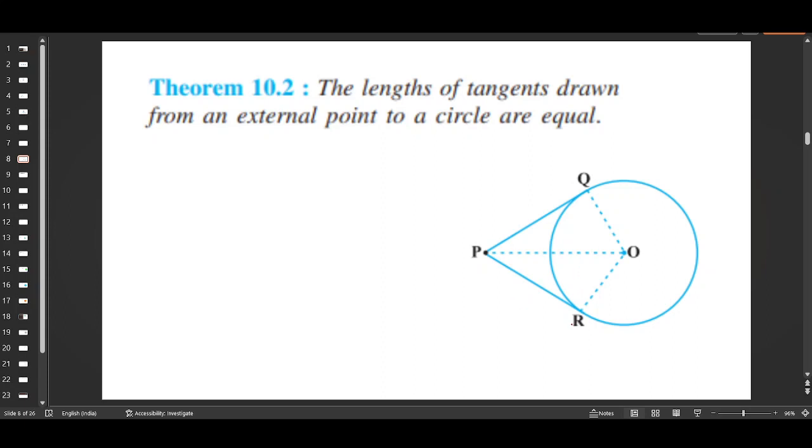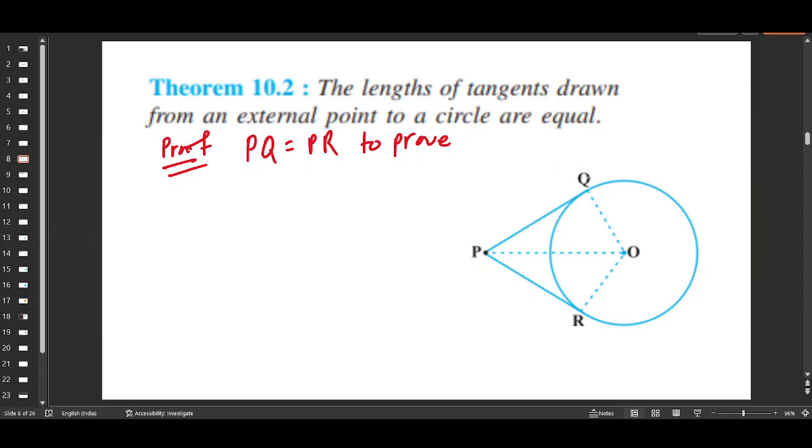PQ and PR are two tangents to the circle, and here we will prove PQ equal to PR. That is what we have to prove. Clear? That is the point. To prove PQ equal to PR.